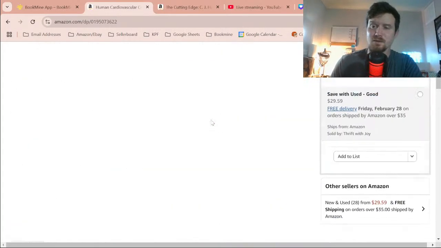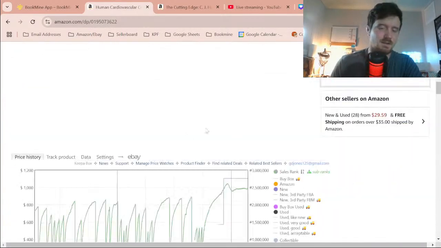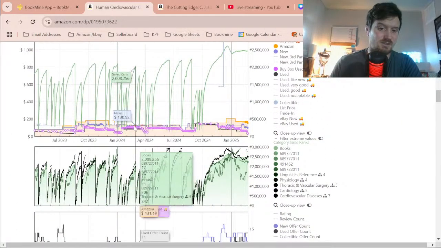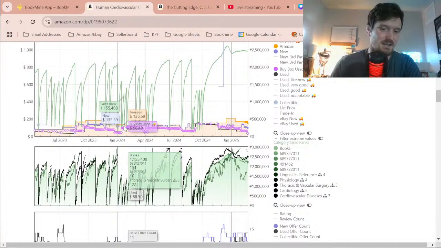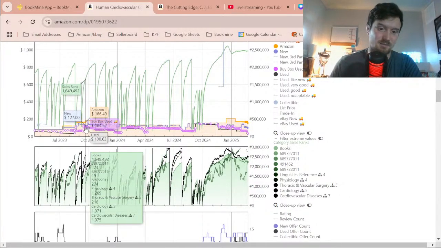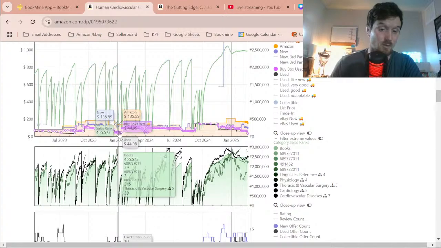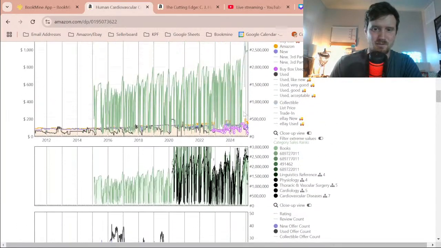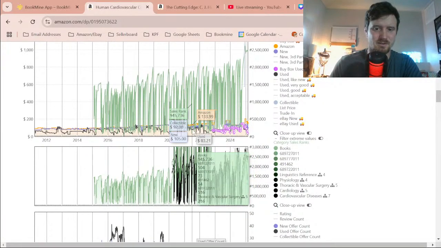But anyways, we got this book for $33.58, and man, this book is holding solid price up there in the 80s and 90s. Well, it went down to 70, and to the 40s right around here, and it did come down quite a bit, but it always seems to come back up into the hundreds, 90s, 80s.